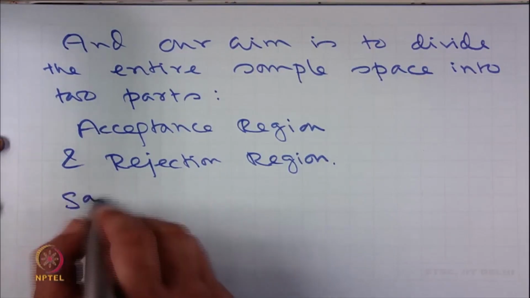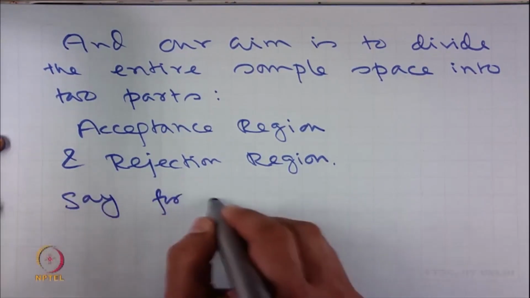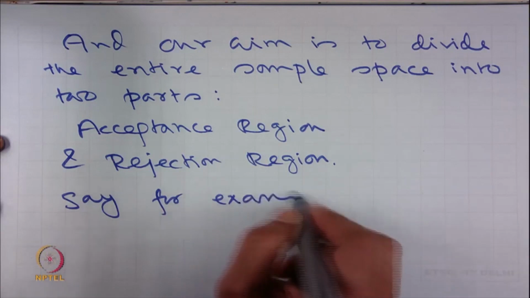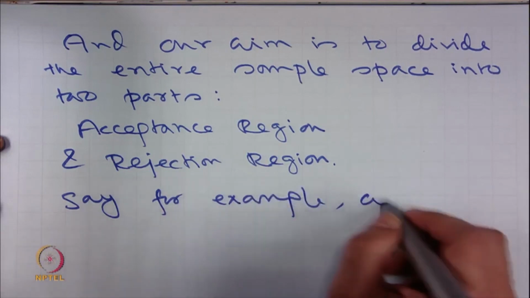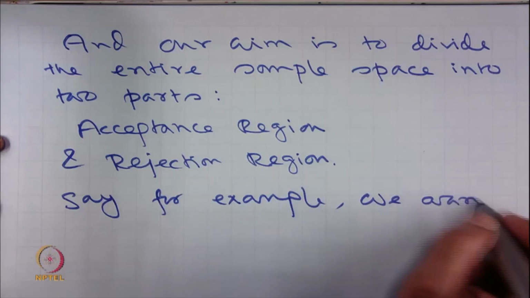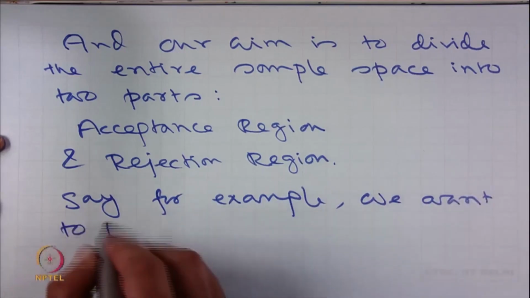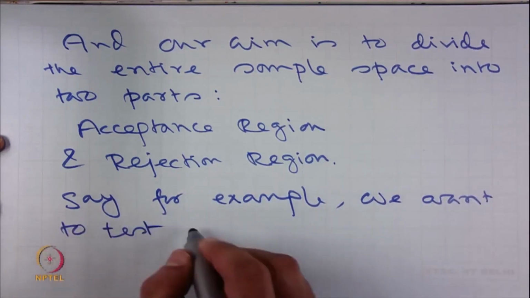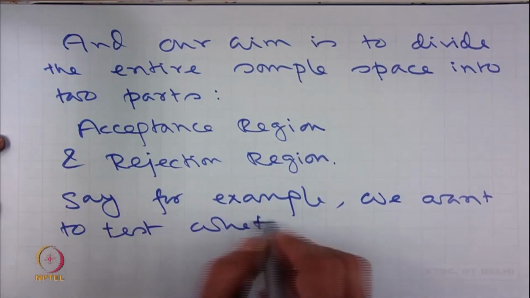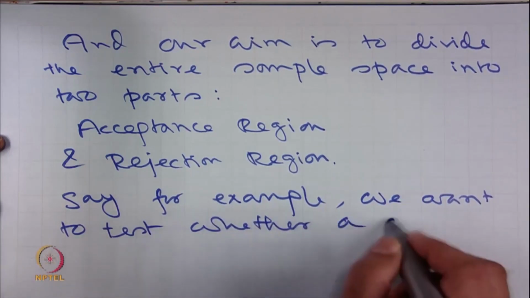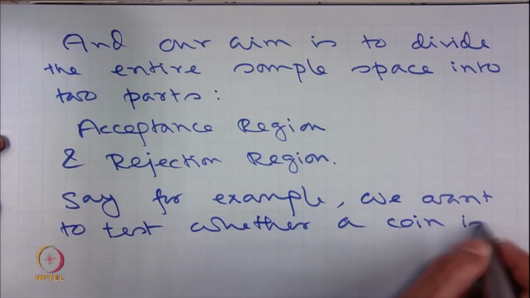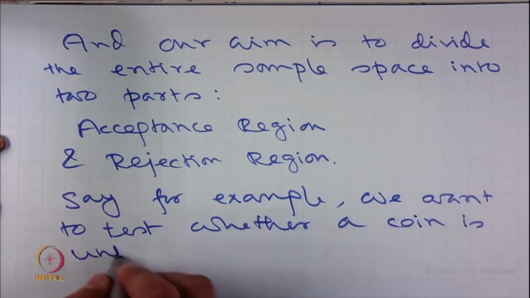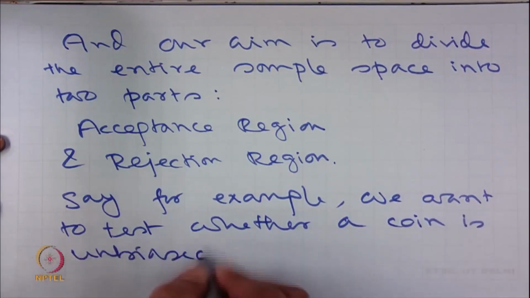Say for example, we want to test whether a coin is unbiased.